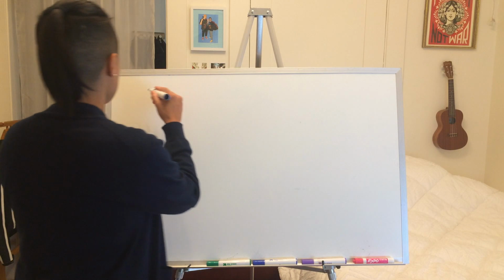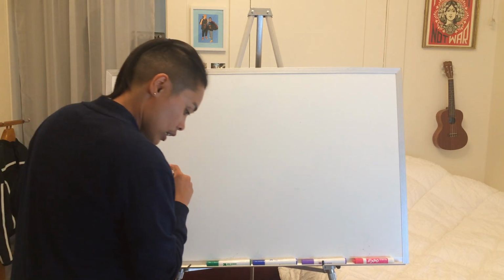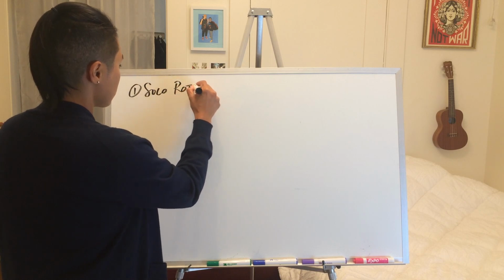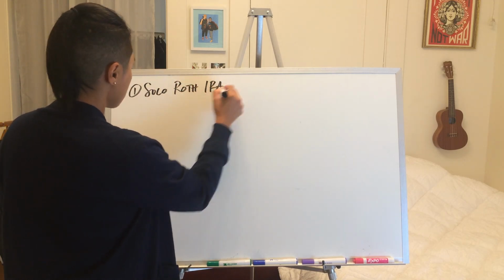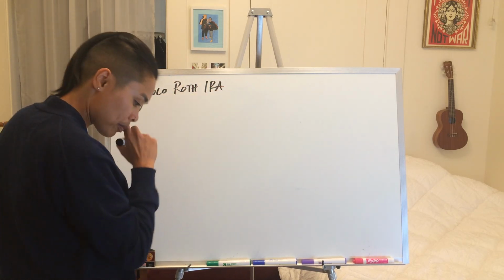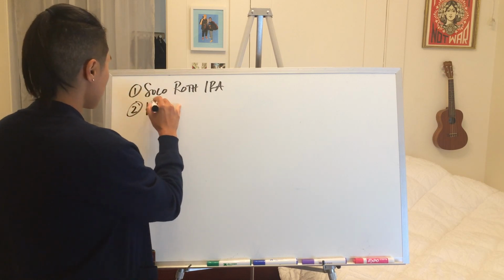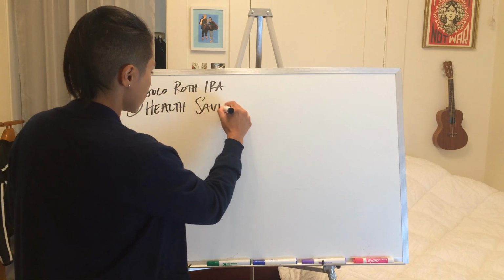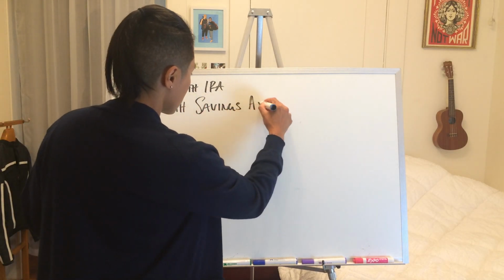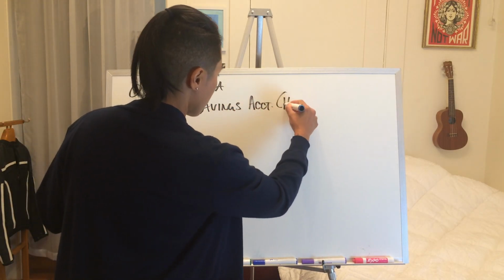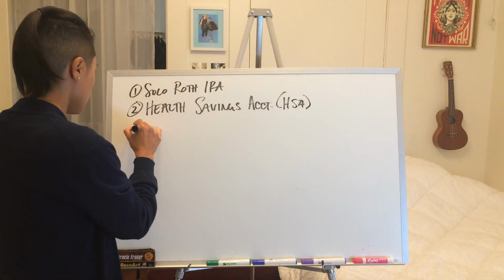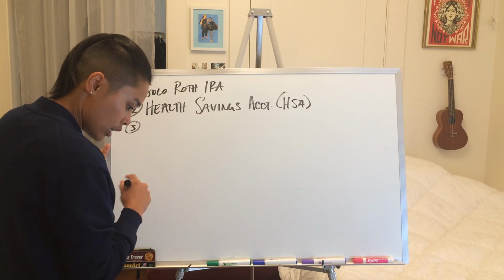So number 1 is a... number 2 is a health savings account, also known as an HSA. Number 3 is a Coverdale.